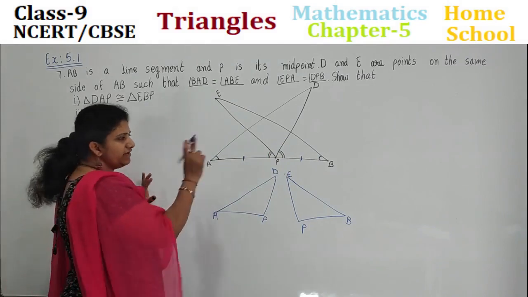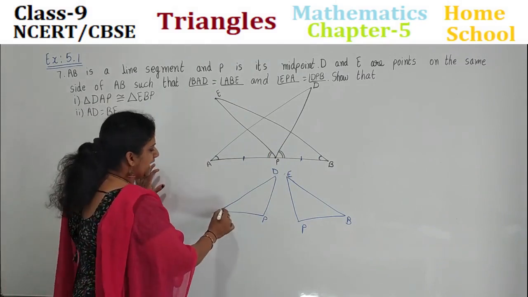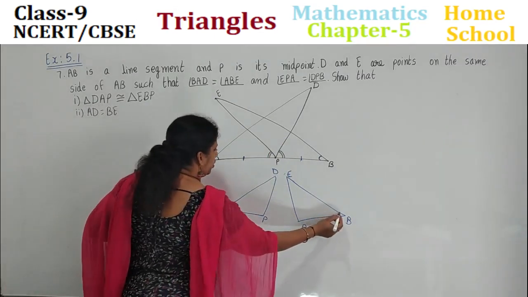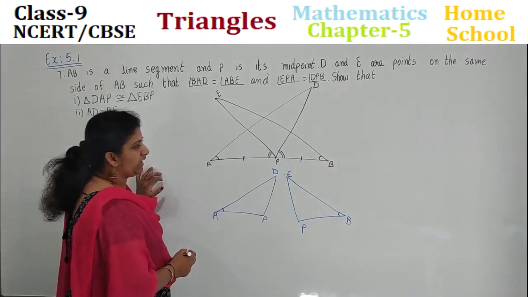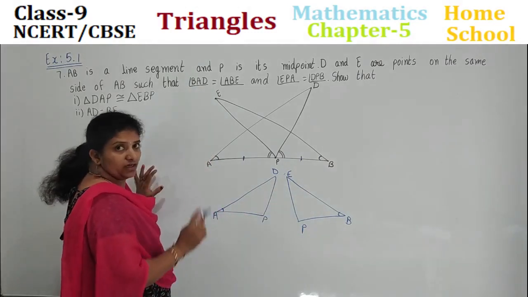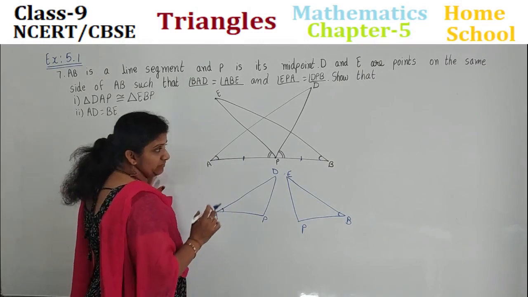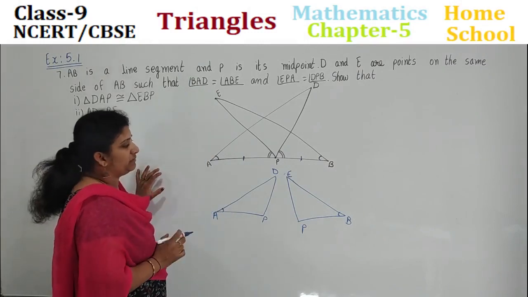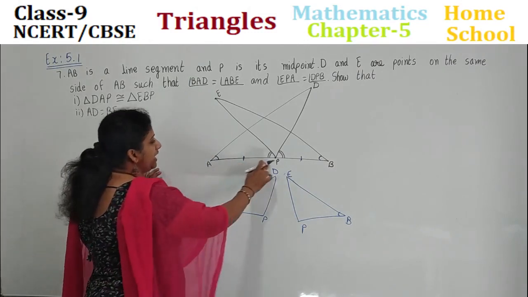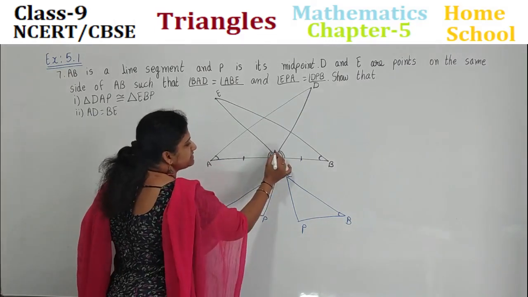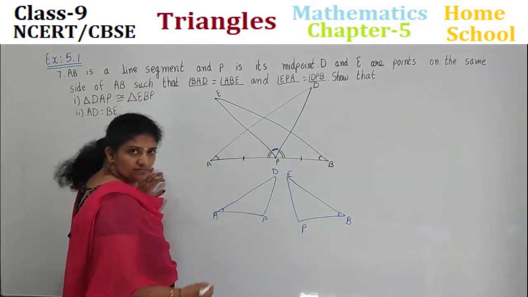But what is given in the figure? Observe carefully. Angle A, angle B, okay. Angle P, see there children, concentrate carefully. Where is angle P? Angle APD, this part is missing. Can you observe?